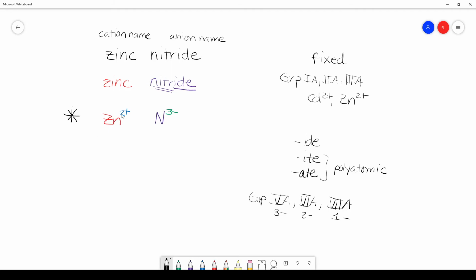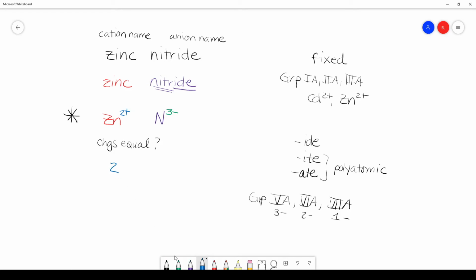But now that we have our ions and their charges, we can determine how they combine. So the next question that we ask, and you want to make sure that you check this every time, is: are the charges equal and opposite? What I mean by that is, are the values of the charge the same?